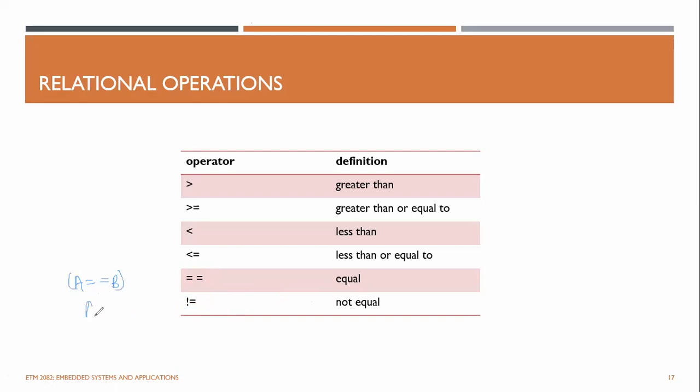If you want to check whether A and B are not equal, you do it like that. If you write A equals B to check, A will become B. This is not how you compare, so this is wrong. This is the right way of comparing numbers, whether they are equal or not equal.